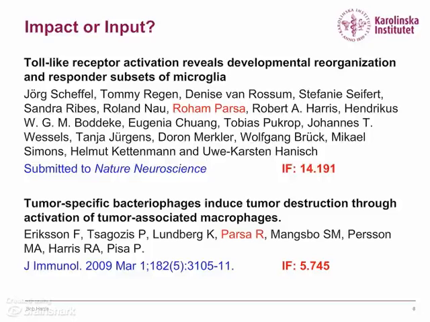Then you see one author, a PhD student of mine, Rowan Parser, who has a middle order rank in this publication. At the bottom of the paper you see a published work, which was also representing a collaboration, where you see the same author also in the middle, somewhat higher, with a paper published in Journal of Immunology, impact factor 5.7.